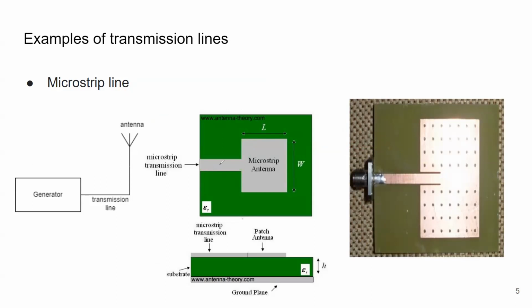The part where we have this straight feed line, we call the transmission line. So in the actual circuit, we have the transmission line like this. The transmission line is going into this component, which we denote as the rectangular microstrip antenna.